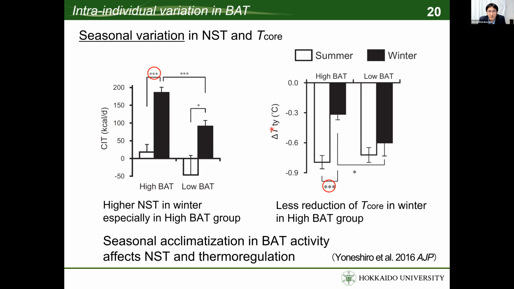And the right figure shows the change in tympanic temperature during the mild cold exposure. And again, the high BAT group showed less reduction of core body temperature in winter compared to the summer condition. So this result also suggested seasonal acclimatization in brown adipose tissue activity, and it could affect the non-shivering thermogenesis and body temperature regulation.